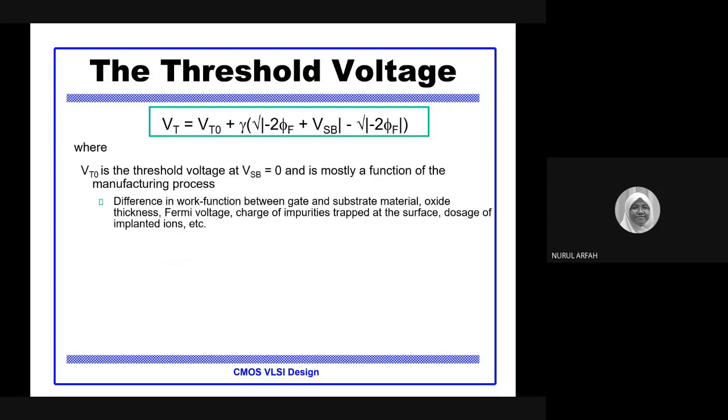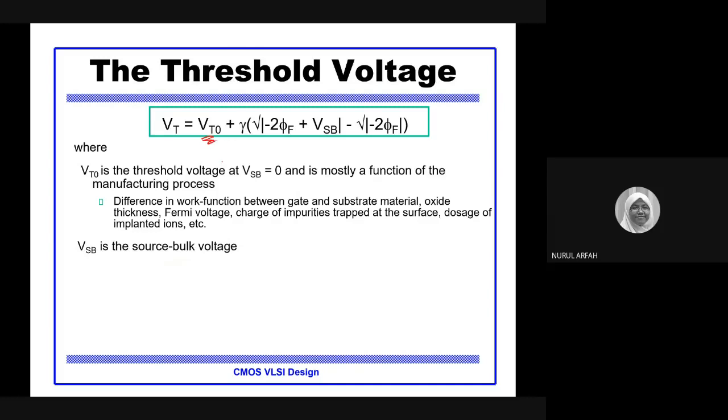For the threshold voltage, it is given by this: VT0 is the threshold voltage at source bulk voltage equal to 0. And mostly this is a function of the manufacturing process.